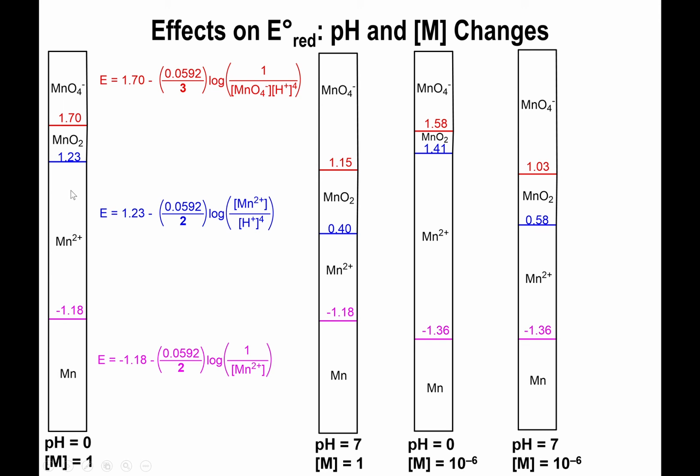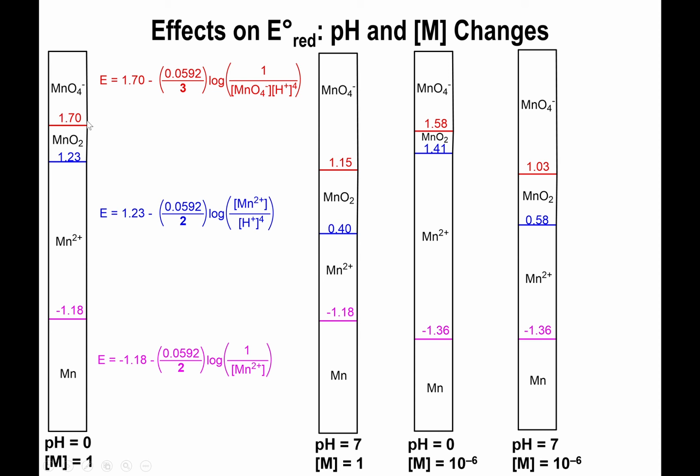Another way to put it is that the oxidative species, the ones that are farther up on the diagrams, are actually less stable at lower pHs than at higher pHs. So if you wanted to make a solution of permanganate, it's better to make it in basic solution because you will decrease the value of the potential, making it more stable, than if you try to make it in acidic solution, at which point you make permanganate very reactive.